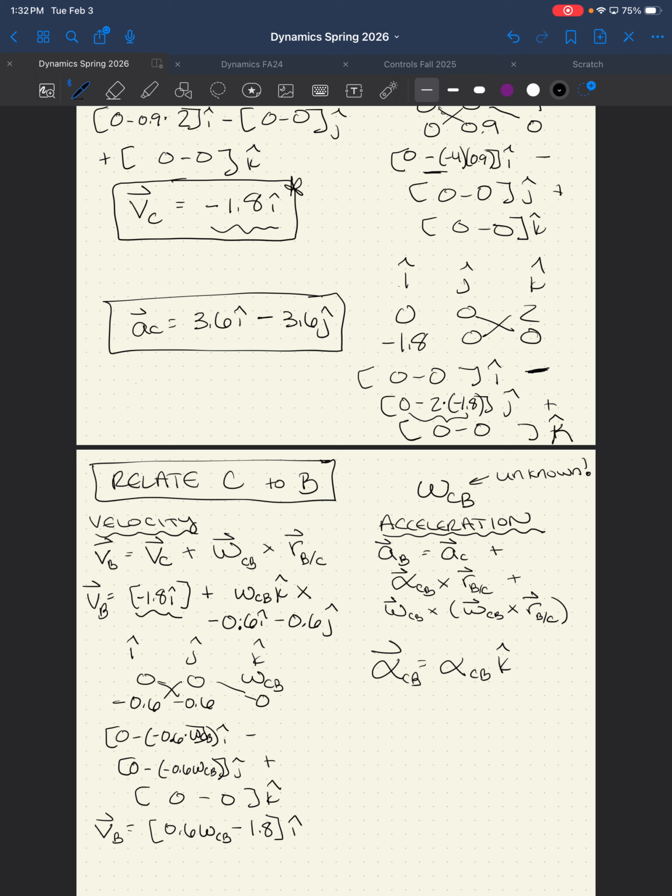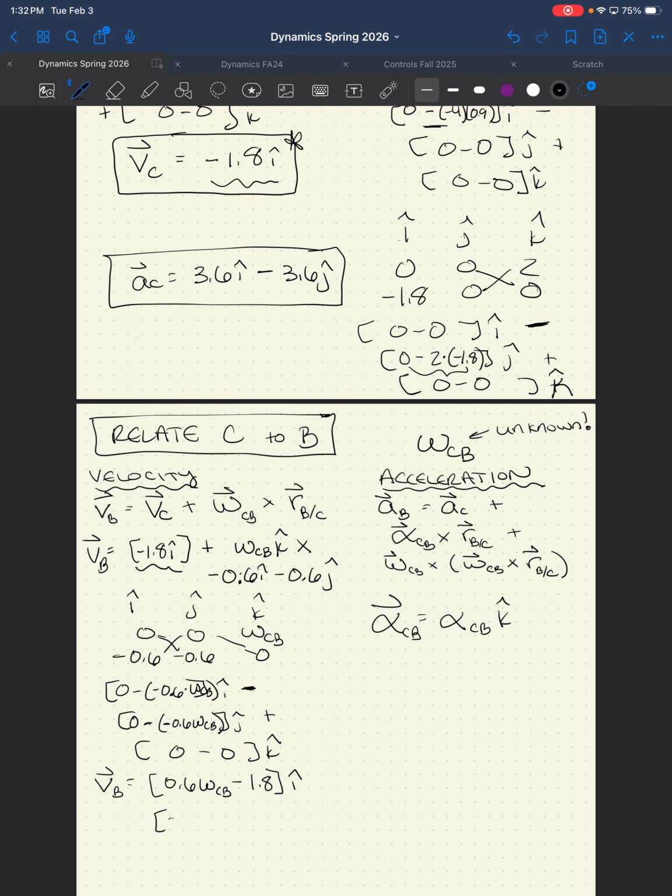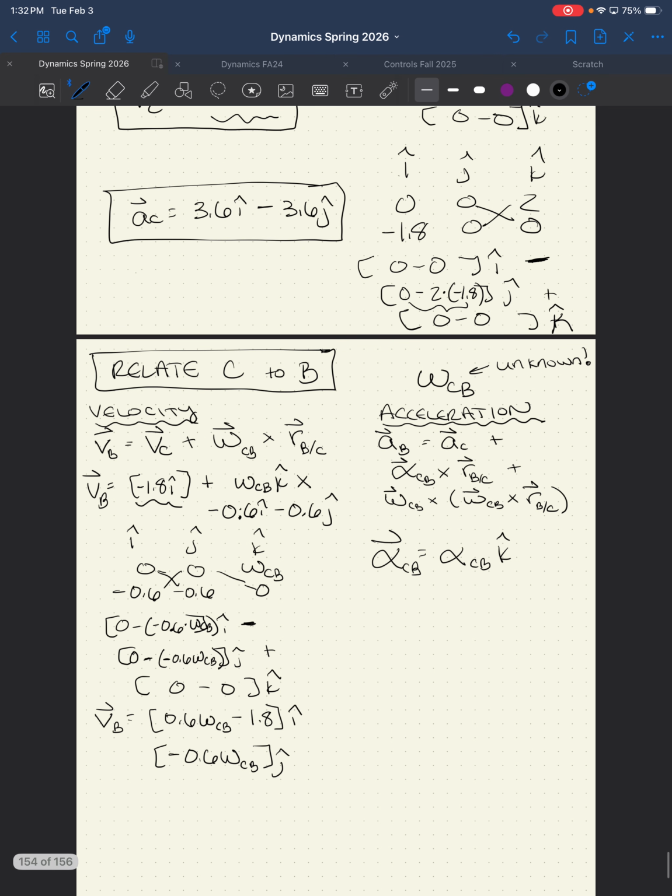For i: 0 minus negative 0.6 alpha CB. For j: 0 minus negative 0.6 alpha CB. For k: 0 minus 0.